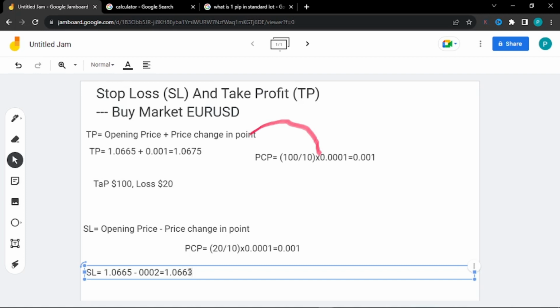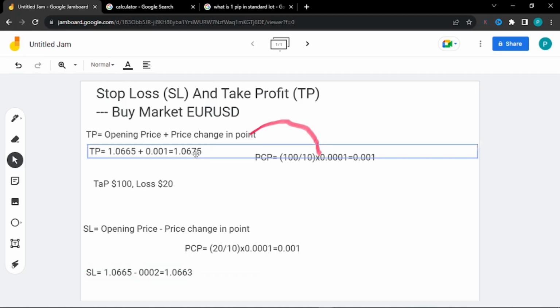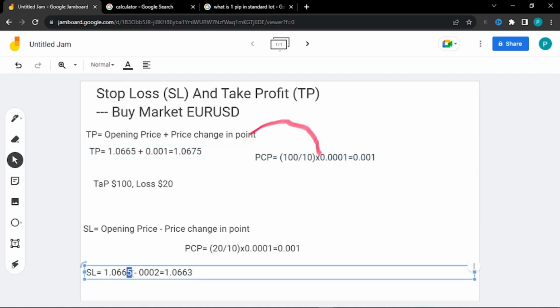So if you notice here, for the take profit, an additional 1 was added to this next number here, making it a $100 profit. And over here, 2 pip was deducted from here, giving you 0.03.